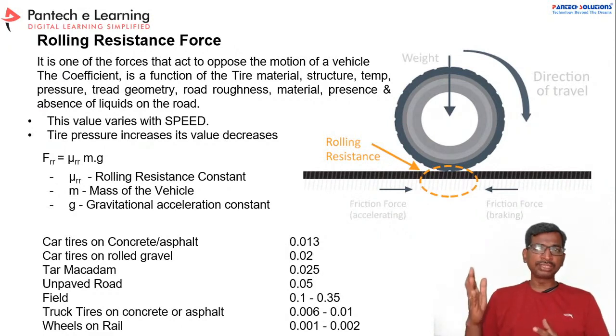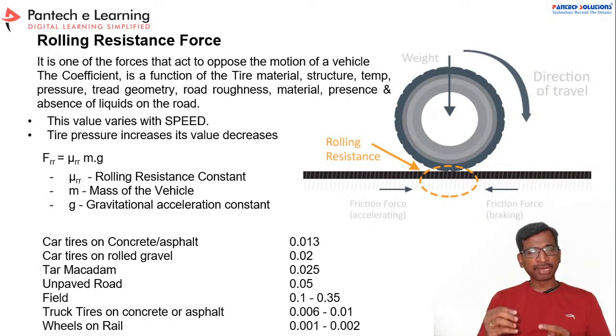We have to consider everything while choosing the coefficients, and other parameters like mass and the gravitational acceleration constant. So it is going to be based on your vehicle dimensions.